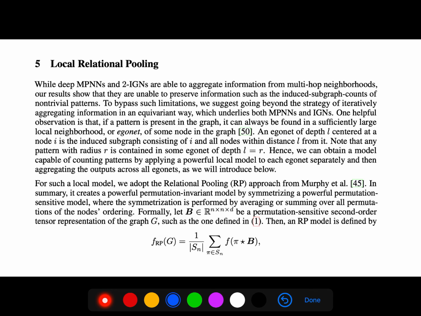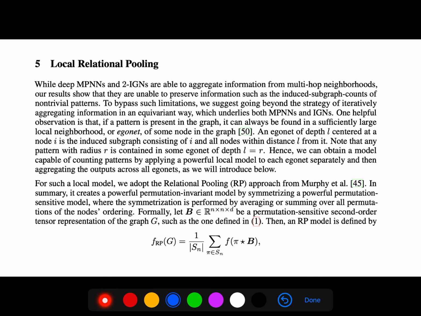To bypass such limitations, we suggest going beyond the strategy of iteratively aggregating information in an equivariant way, which underlies both message passing neural networks and invariant graph networks.